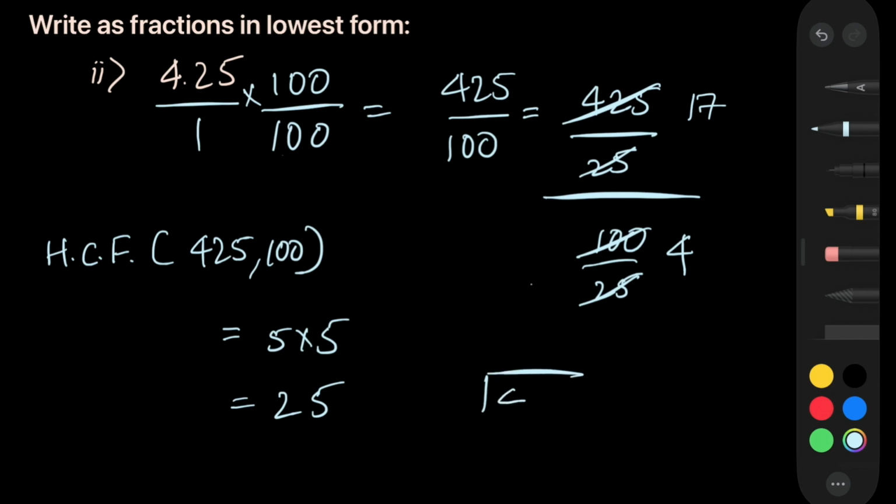Let's just divide it out. 25 goes in 42 once, get a remainder of 17, bring down the 5, we get 175. 25 goes in 175 7 times, with a remainder of 0. So there we have it. 4.25 can be written as 17 by 4.